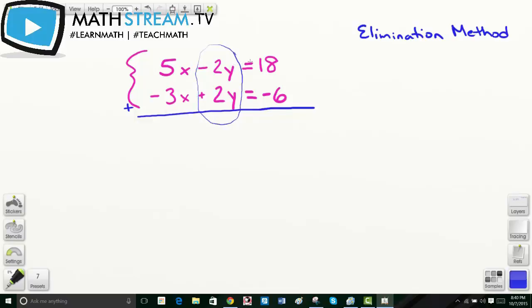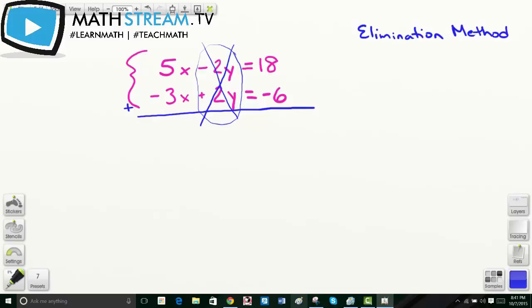The elimination method points us to situations like this and says it would be very easy to get rid of one of the variables by just combining. So 5x minus 2y equals 18 and adding to it negative 3x plus 2y equals negative 6, so that these two would automatically cancel out. Now if that just seems like, well, why? Why do we care about canceling?